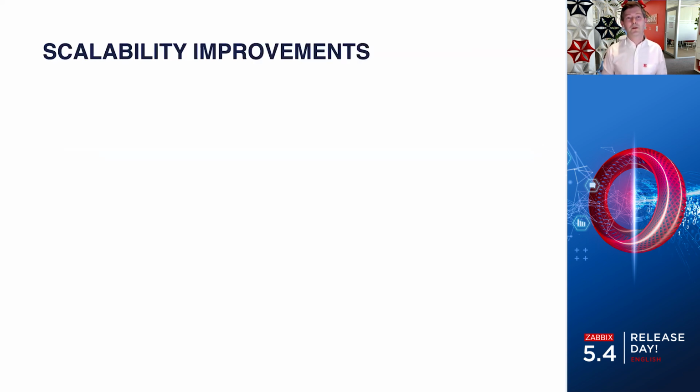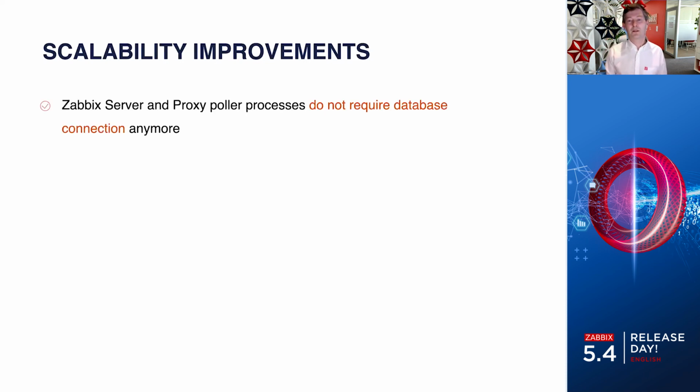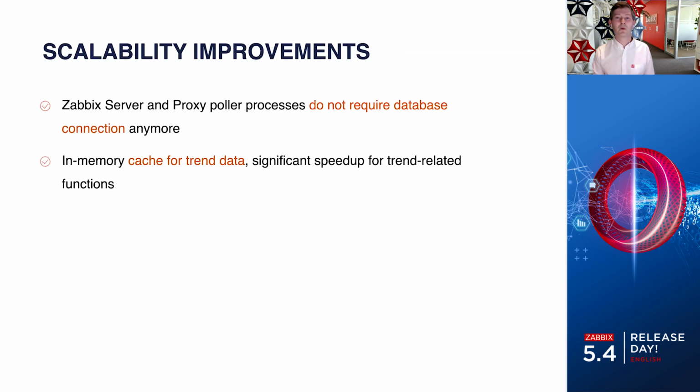Well, we have also introduced a few scalability improvements. So Sergey will talk in more details about it later on today. But I will just mention that Zabbix server proxy pollers do not require database connections anymore. It really makes Zabbix work faster and your database work faster. We have introduced a memory cache for trend data, and we also introduced a graceful startup of Zabbix server, which is a very useful feature, especially for those who have thousands, maybe tens of thousands of proxies.